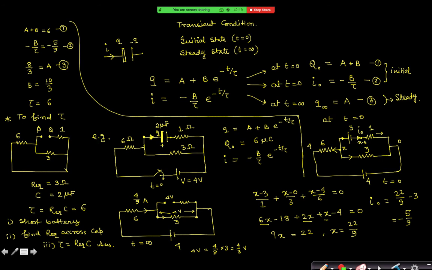In IIT, definitely not. But yes, this type of question as a function of time has come several times. In all these questions, they have only used one capacitor. Whenever IIT has asked some question, they have only used one capacitor.